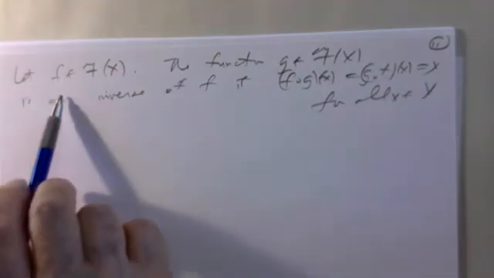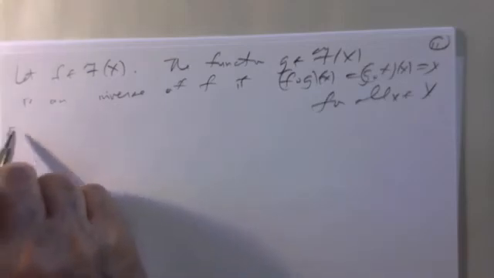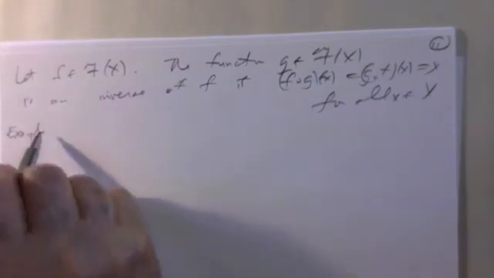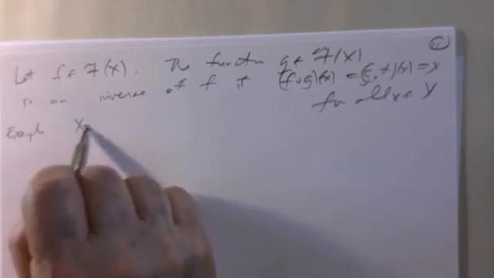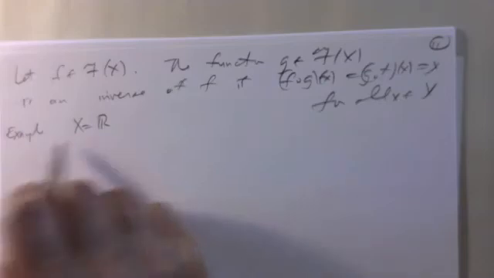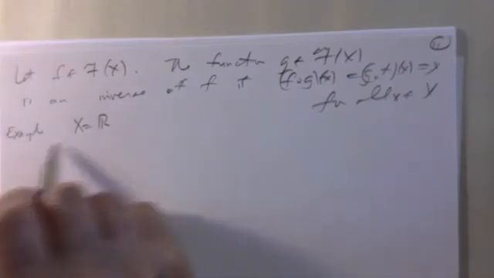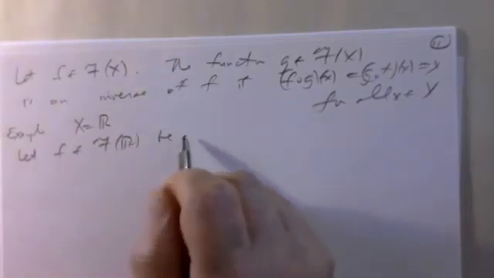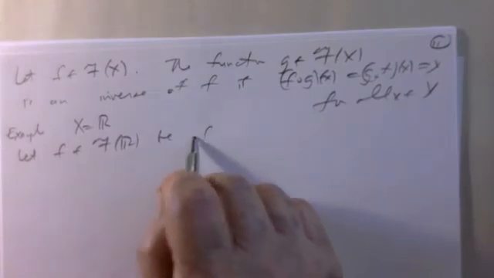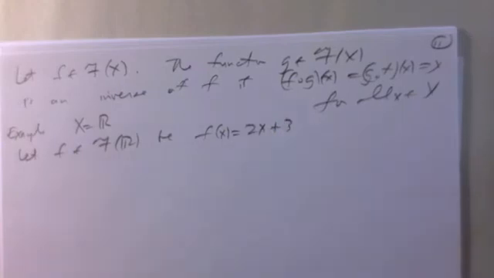So the inverse of a function is, well, here's an example. Suppose x is the real numbers, just like you do in calculus. And let's consider the function f of x is the function 2x plus 3.